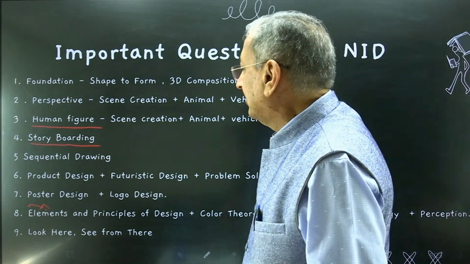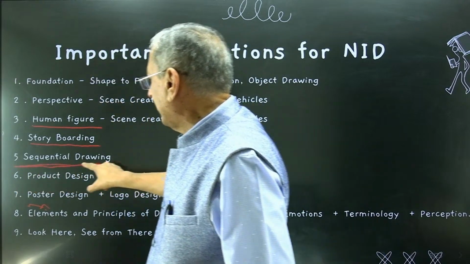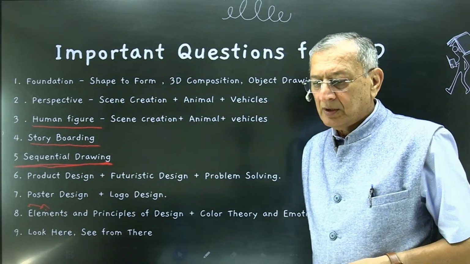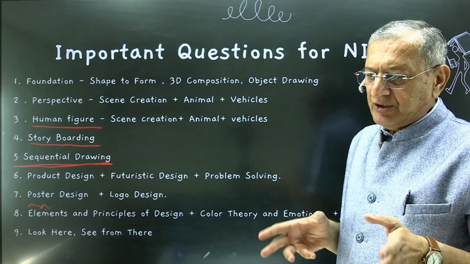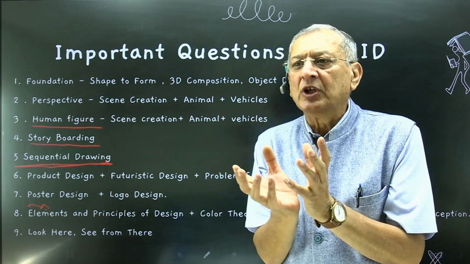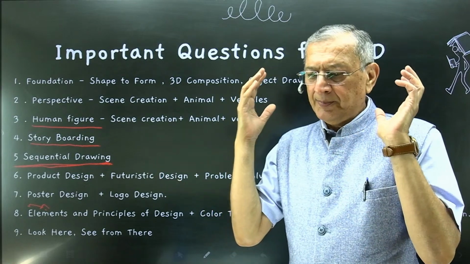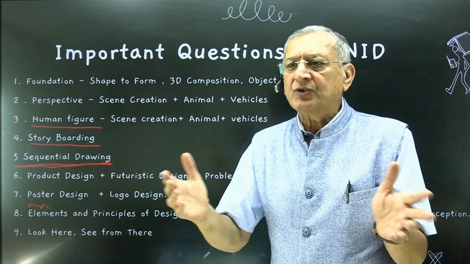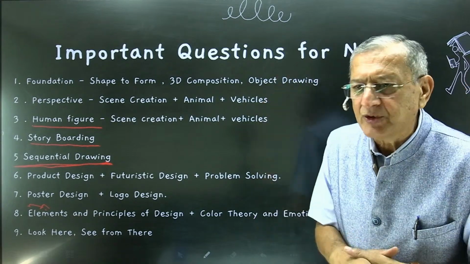The next is sequential drawing. You know what sequential drawing is? I'll tell you. Sequential drawing: how to make noodles. Can you draw the process in 5, 6, 7 frames, or maybe 4 frames?